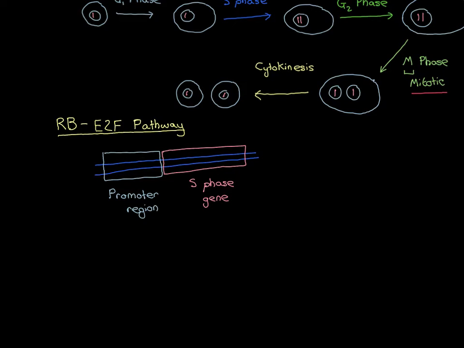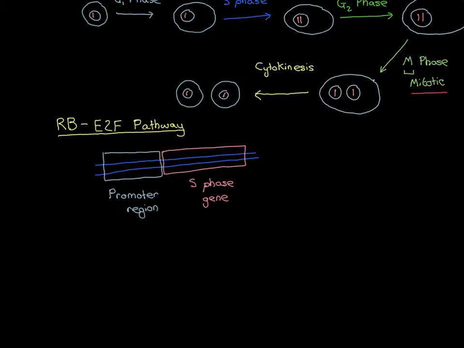Now, proteins called transcription factors can bind to regions of DNA in the promoter regions upstream of genes, and thereby influence how likely the downstream gene is to be transcribed. And in the promoter regions of all of the S phase genes, you find a certain little region of DNA called the E2F DP response element.